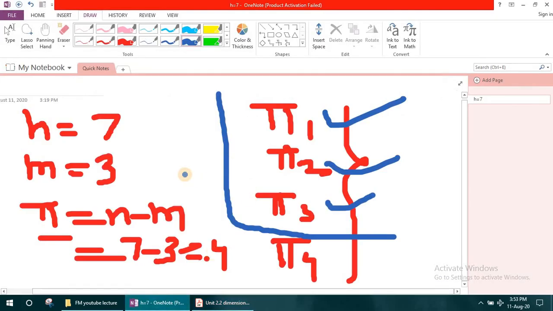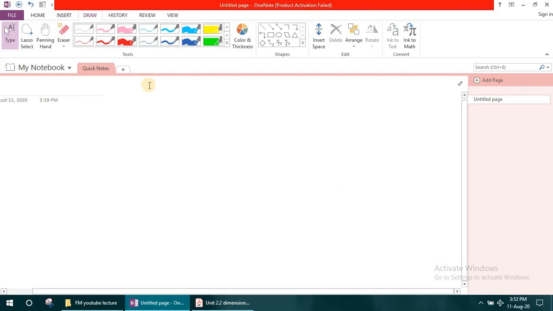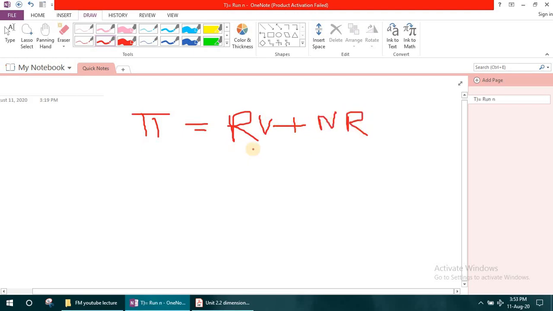So what I am saying is, when you decide the pi terms, pi 1, pi 2, pi 3, every pi term consists of some repeating variables and some non-repeating variables. Repeating variable means the variable which is coming in all the pi equations.